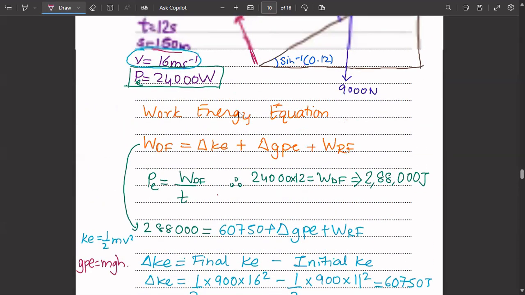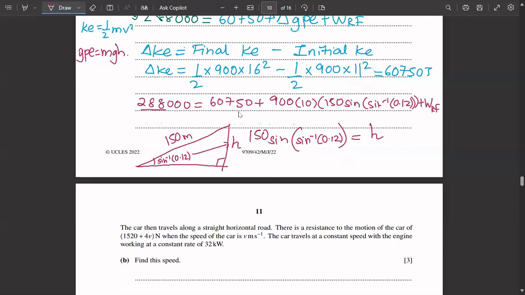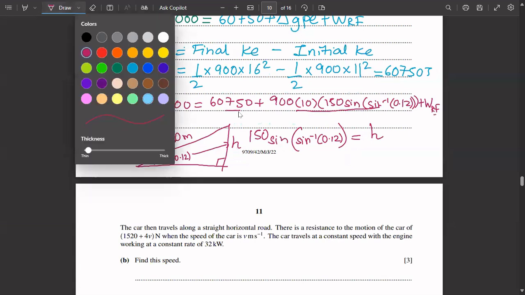Now we have to find out work done against resistive forces only. So now we have all numbers here, and the only variable is work done against resistive forces.